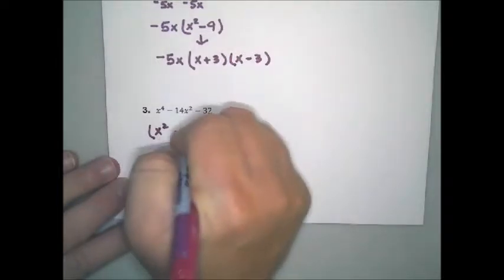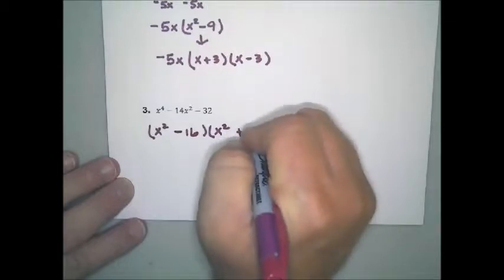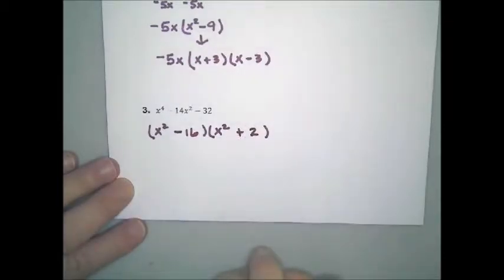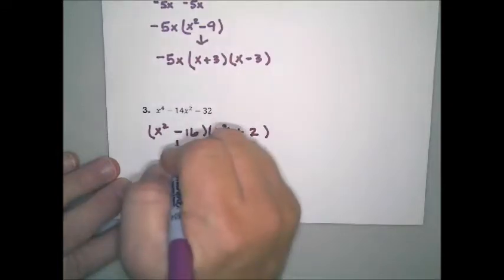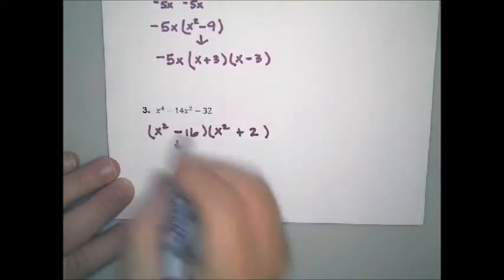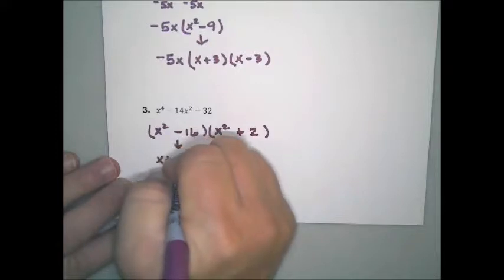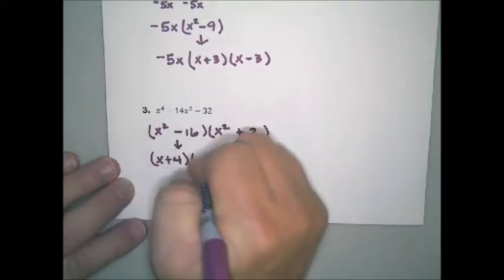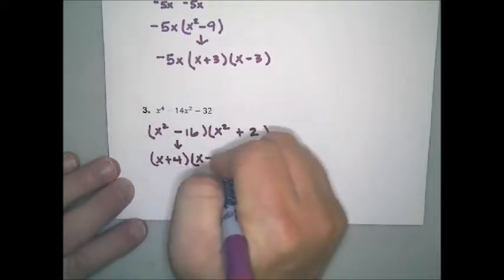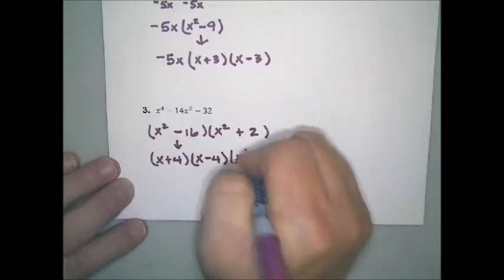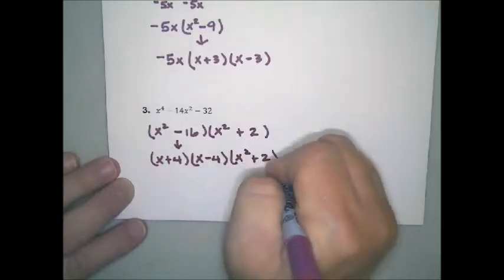Well, negative 16 times positive 2. And again, this one can go down further because it's a difference of perfect squares. x plus 4, x minus 4, and then x squared plus 2.